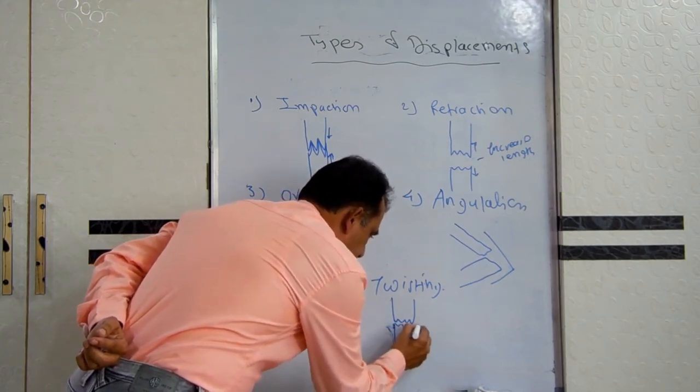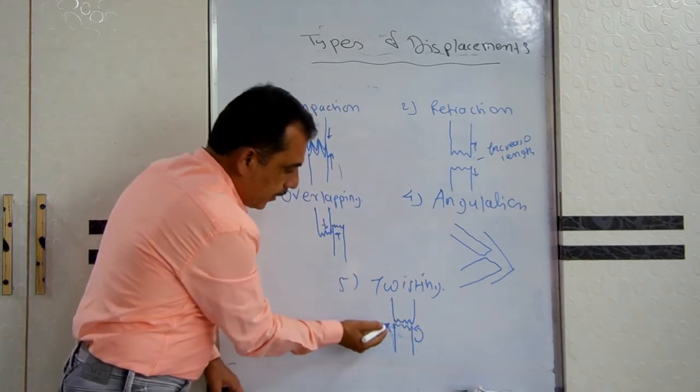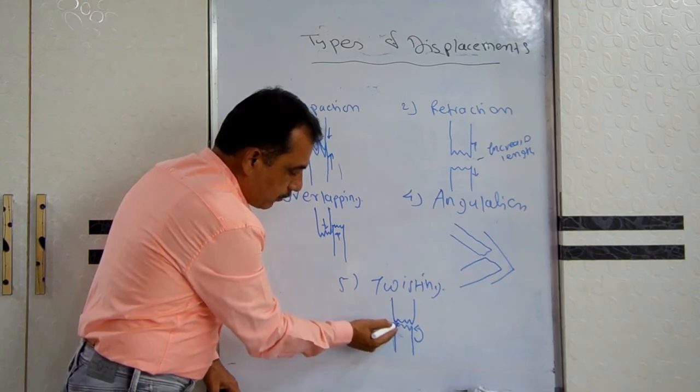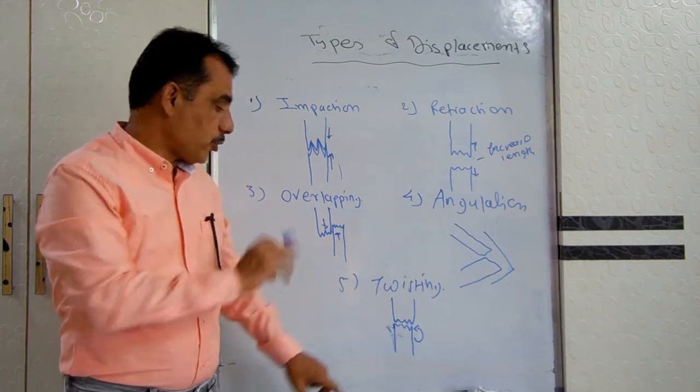So this is twisting. The lower distal end gets twisted. Usually this should be in opposition with this, and this should be in opposition with this. But due to twisting, it has been changed. So twisting is there.